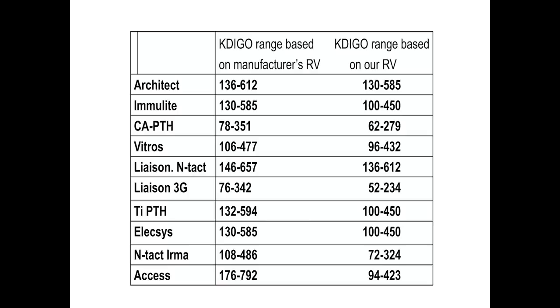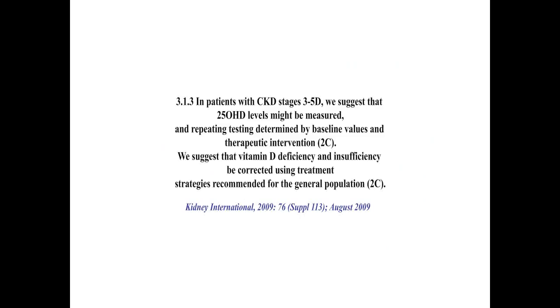So you can see that it does make a difference with some assays, and not so much with others. And it just calls attention to the fact that we need to pay exquisite attention to how the normal range was developed.